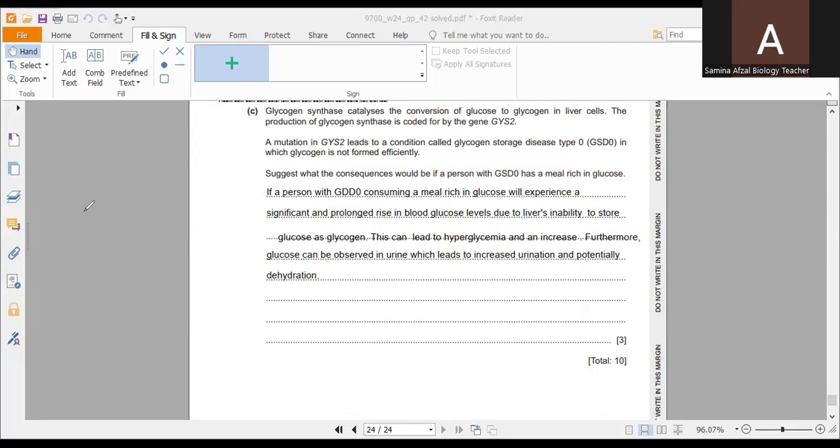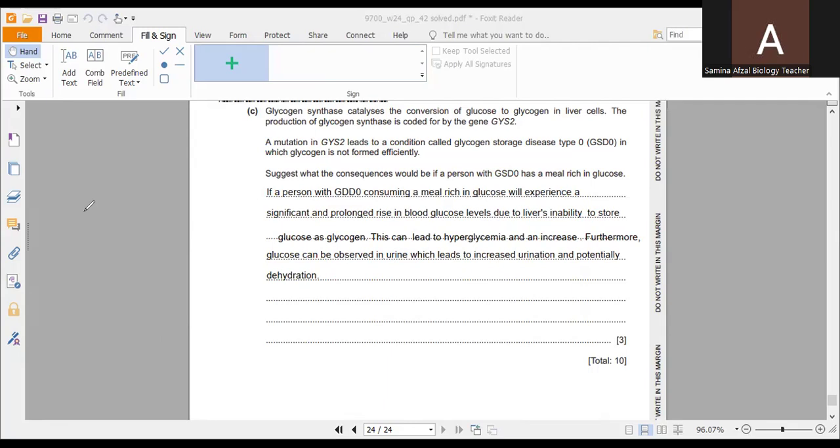A mutation in GYS2 leads to a condition called glycogen storage disease type 0, in which glycogen is not formed efficiently. So suggest what the consequences would be if a person with GSD0 has a meal rich in glucose.